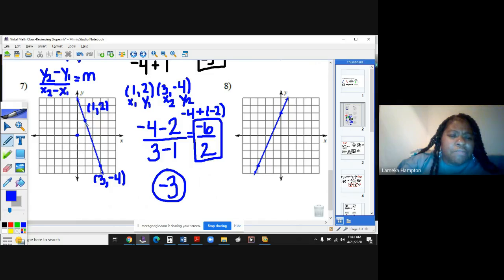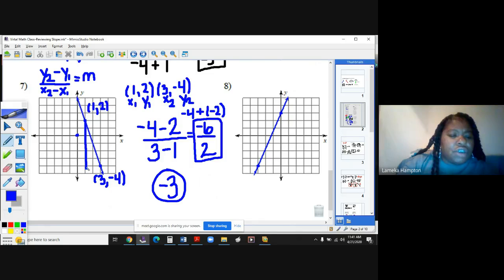So I started with 1 and 2 as my first coordinate, or my first set. So therefore, I'm going to use that same logic and start here. Now I'm going to go down 6, which is 1, 2, 3, 4, 5, 6.